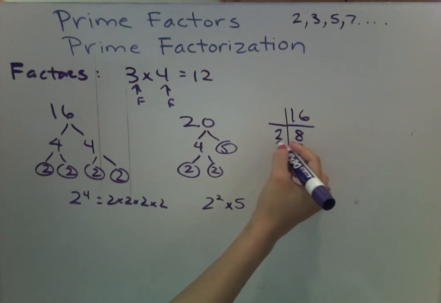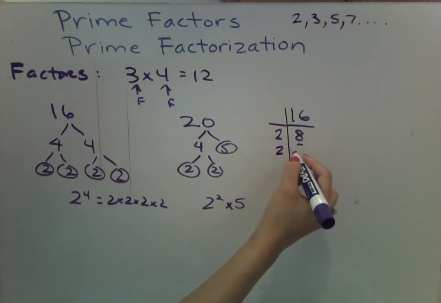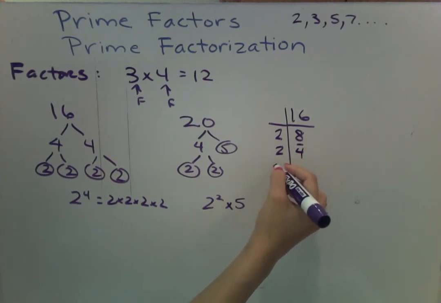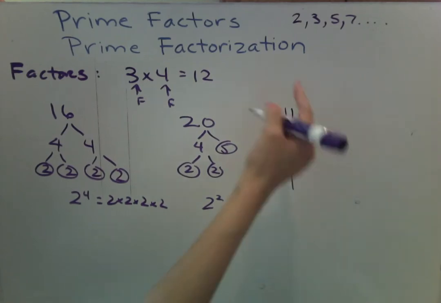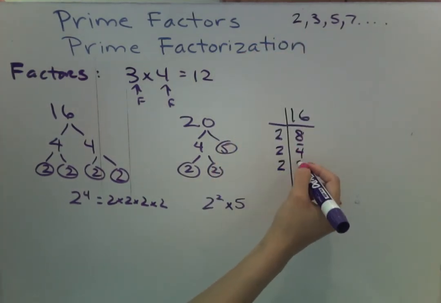Now you're going to look for the smallest prime number to go into 8, which is also 2. That gives 4. And 4 is not a prime, so we have to divide it by a prime number, which is 2, which gives you 2.